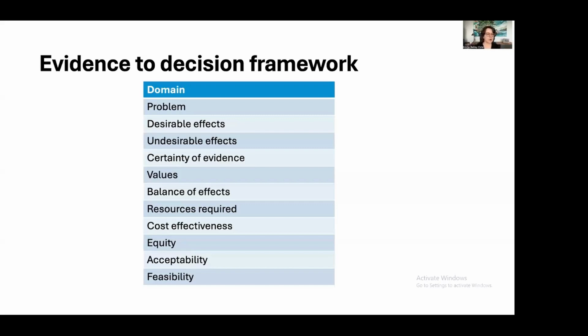What are the resources required to implement the intervention? Is the intervention cost effective? What would be the impact of implementing this intervention on equity? Is the intervention acceptable? Is it feasible to implement the intervention? So you can see that we really take a holistic look at the question to inform the recommendation.